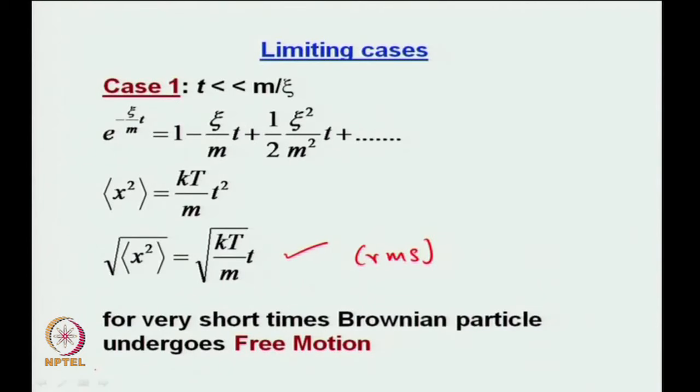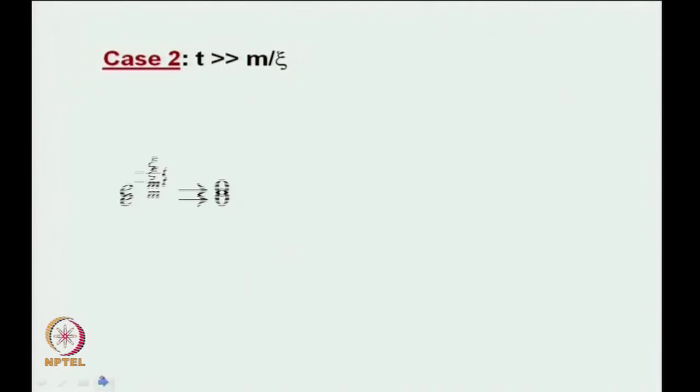Now, obviously, if this is one limiting case, the other limiting case is when you are looking at infinite time, that is t is much greater than the correlation time, and this is what we discussed last time.